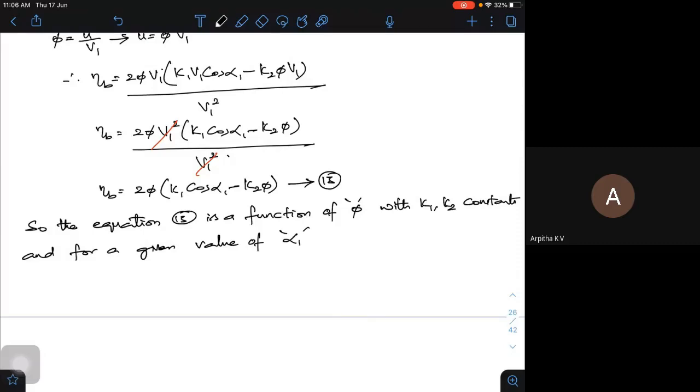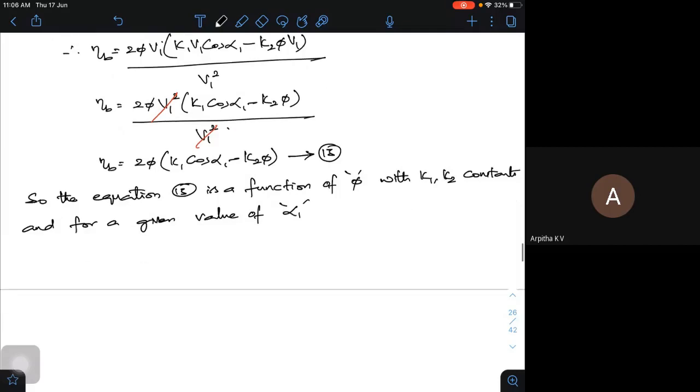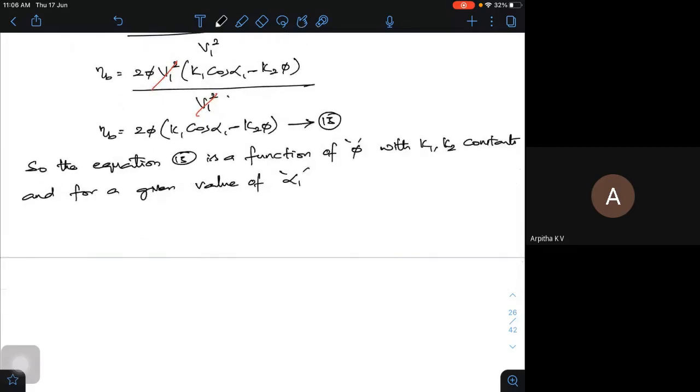That means I'm going to choose a particular value. To maximize the blade or vane efficiency, what we will do is differentiate this with respect to phi and equate it to 0.